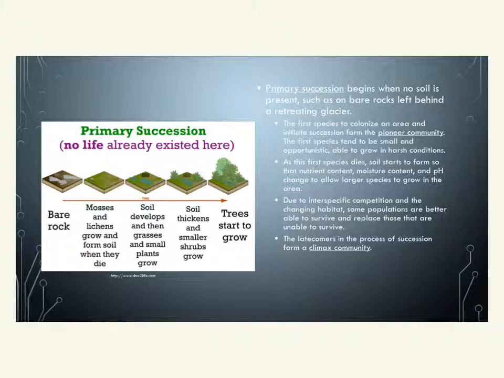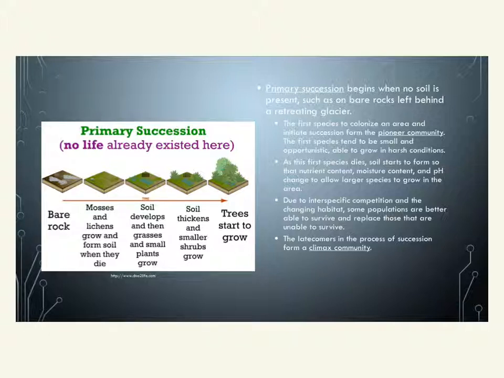We have to note that due to interspecific competition and the changing habitat, some populations are better able to survive and replace those that are unable to survive. So this succession plan could look different over time. Maybe there's an organism that is able to do well for a time, but over a longer period, it's going to be replaced by something that's able to survive better.